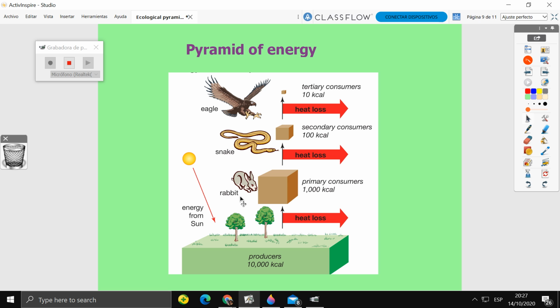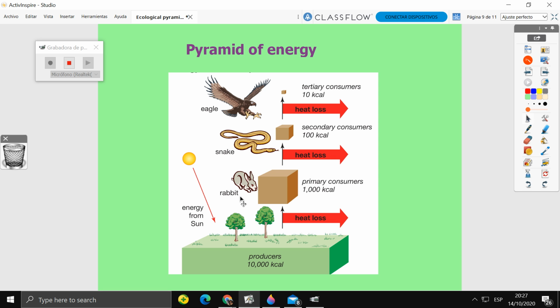Why not? Why are they not able to use all the parts of the plant? Well, because maybe the stems are very hard, or the nuts have an outer shell that cannot be eaten, or many components of that plant cannot be digested by the rabbit.